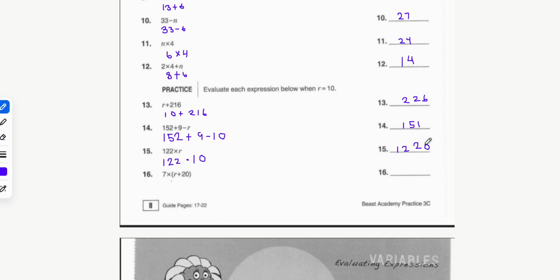When r equals 10, the expression 7 times r plus 20 is equal to 7 times 10 plus 20, which is 7 times 30, or 210.